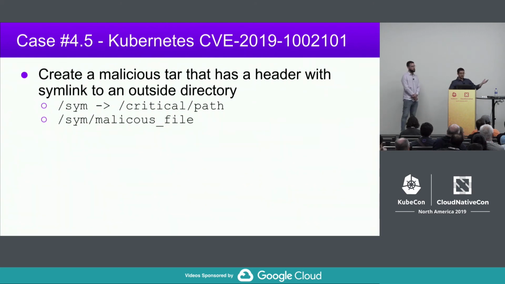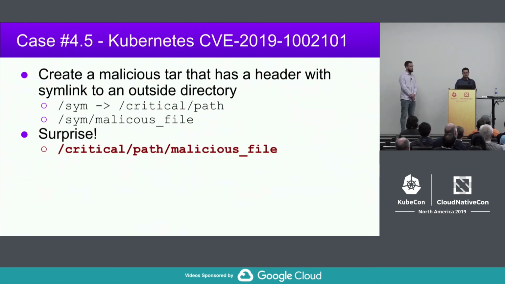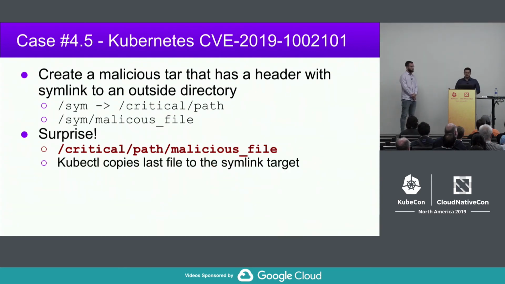There is no real directory called sim in this tar file, but there was a symbolic link. And kubectl would simply go to that symbolic link path and copy the malicious file to the full critical path that I intended to get the file to.